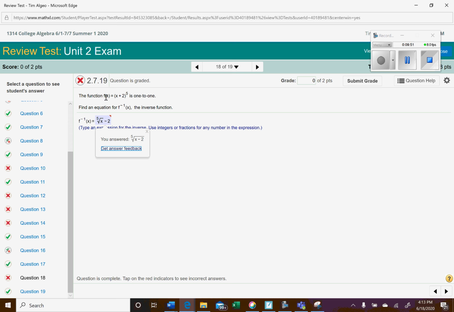And so you would have to take the 5th root of both sides, and that's where the 5th root of x comes from, and then you'd have y + 2. Then you subtract 2 from both sides, and that's how you end up here. So I'm not sure if that was a typo or if you accidentally meant to do that, but yeah, the -2, you don't want that to be part of the radical sign there.